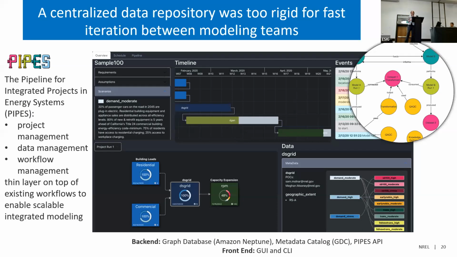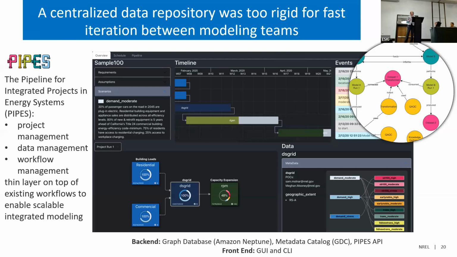And then another effort that kind of grew out of LA 100 is called PIPES, the Pipeline for Integrated Projects in Energy Systems. I mentioned that we had a data repository to manage all the different handoffs between modeling teams. That was great for archiving the data sets, but it was not really responsive enough when you had people really quickly iterating between models.